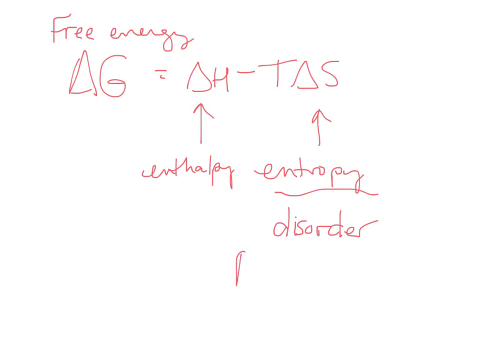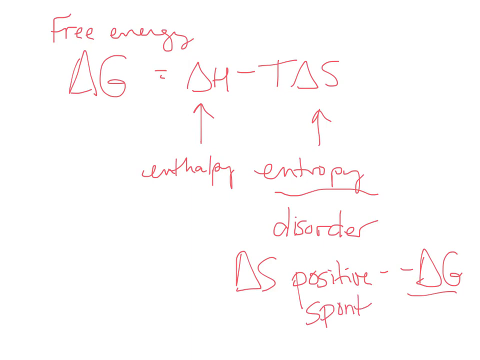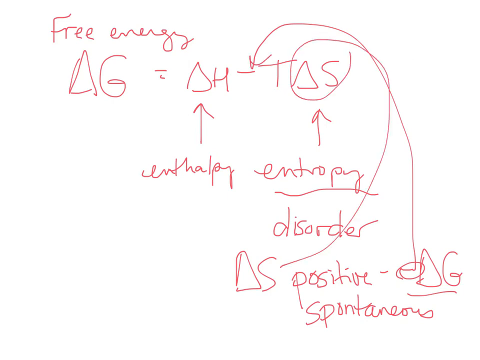So a delta S that is positive will have a negative delta G, and that means it is a spontaneous reaction. And that negative comes from this negative in the equation, right? So if it's a positive delta S, almost always that means that you're going to end up with a negative delta G.